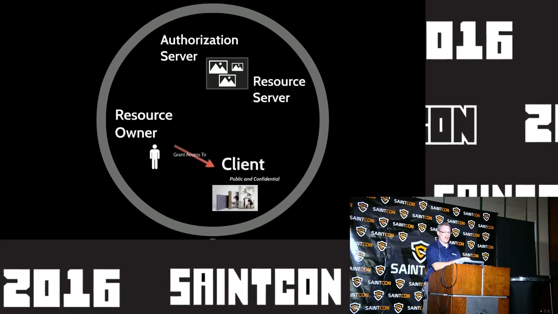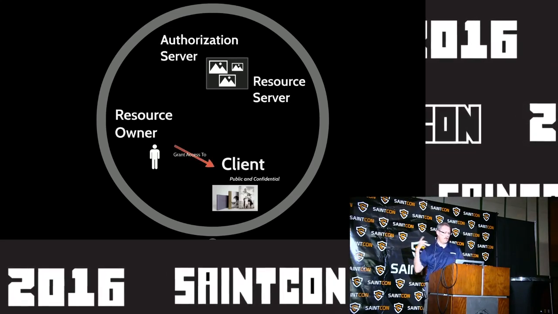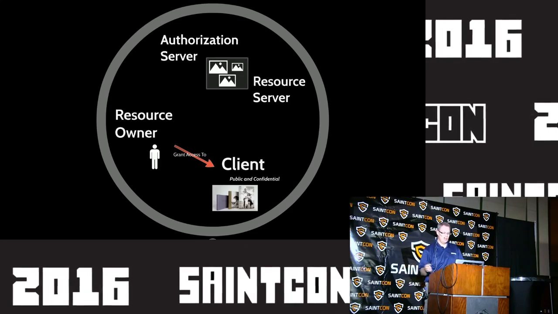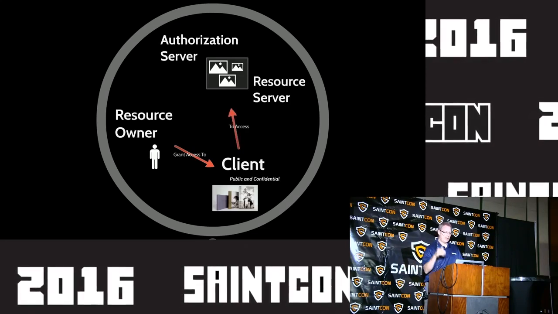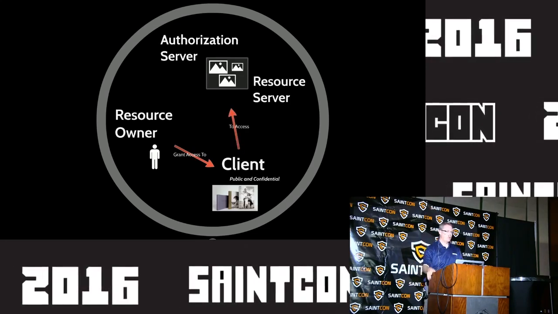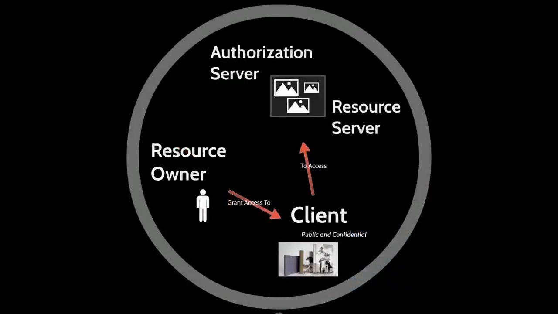So the resource owner is going to grant access to the client so that it can access the pictures up on the resource server. So the client is the third-party server accessing your resources on the authorization server. So the authorization server and the resource server are coupled, if that makes sense.